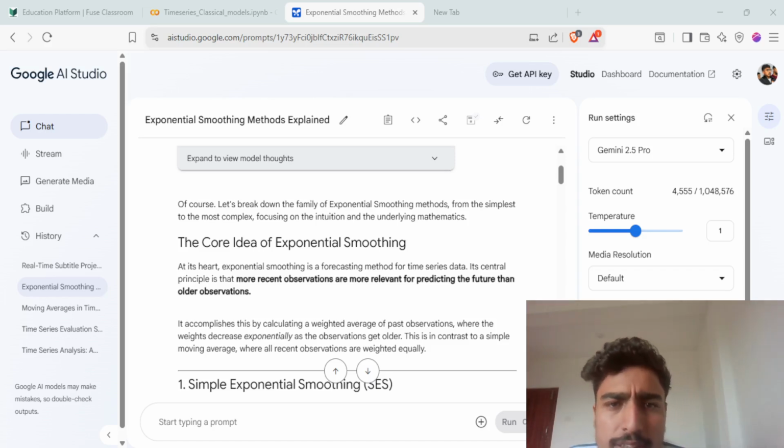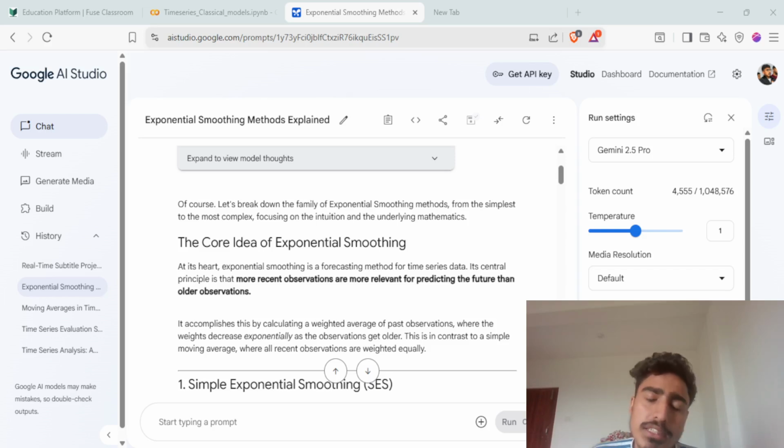And why is this smoothing named exponential? Because it works on a weighted average, and it gives more weight to recent observations rather than older ones.